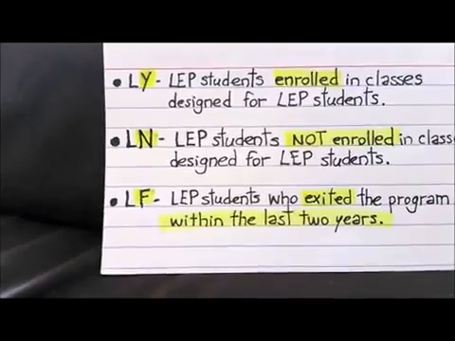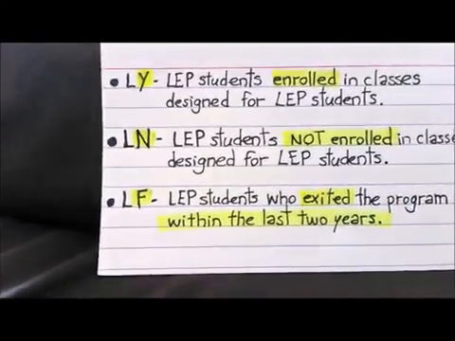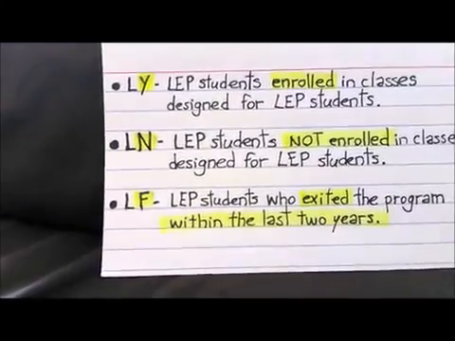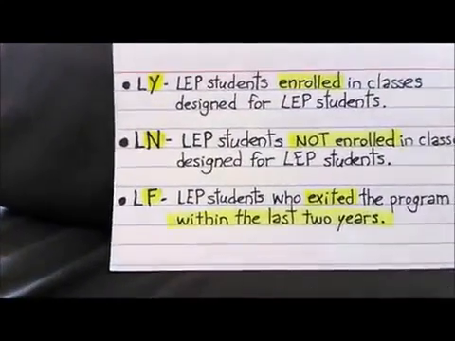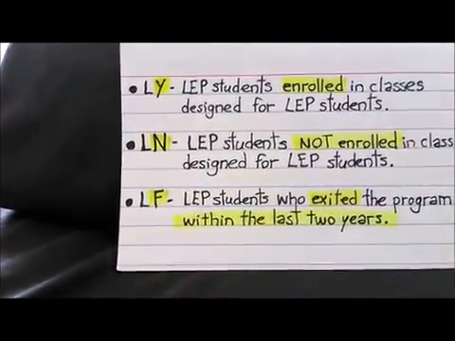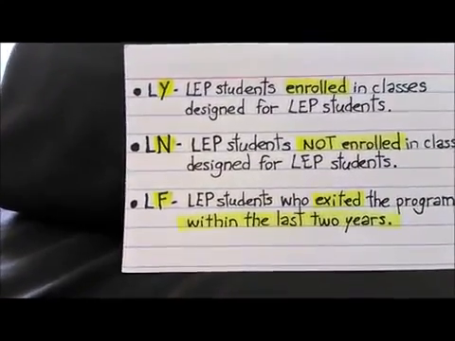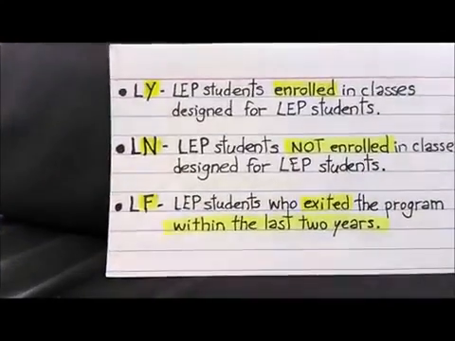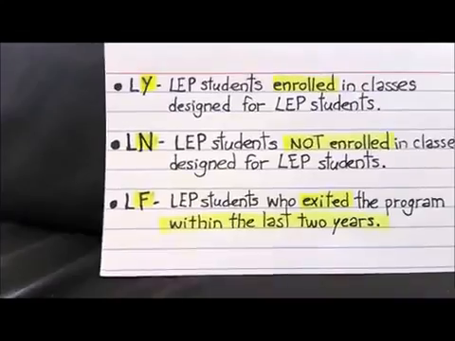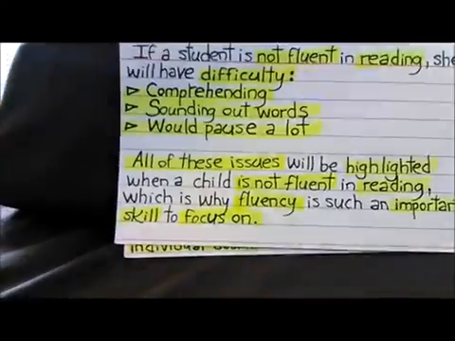LY is LEP students enrolled in classes designed for LEP students. LN, LEP students not enrolled in classes designed for LEP students. LF, LEP students who exited the program within the last 2 years.